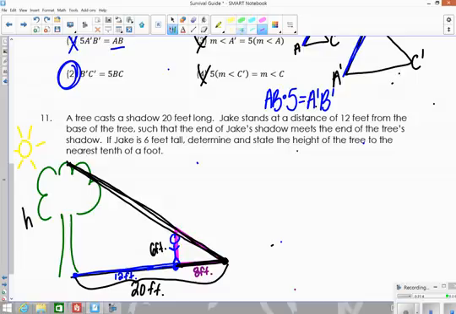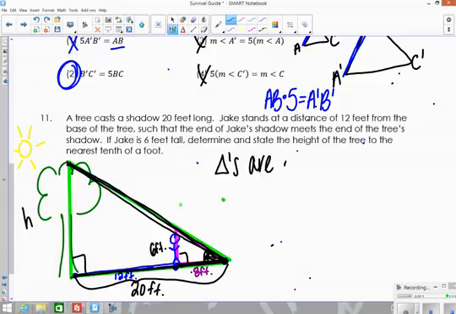The other triangle goes from the top of the tree down. Here are the sun rays creating the shadow, and here's the length of the shadow. These two triangles will always be similar, because we have the right angles, and we also have the reflexive property shared here. So we can set up proportions just like all the other ones.